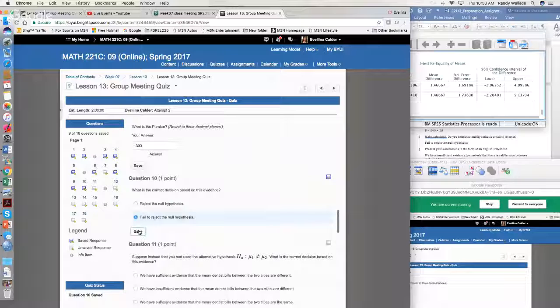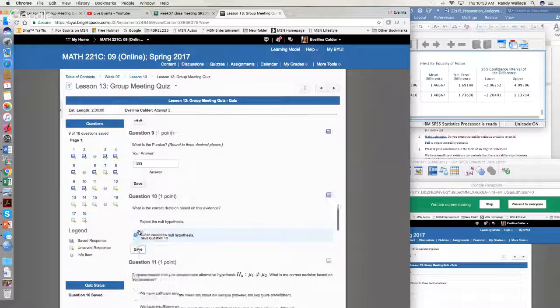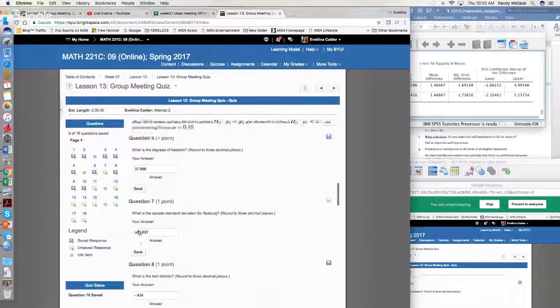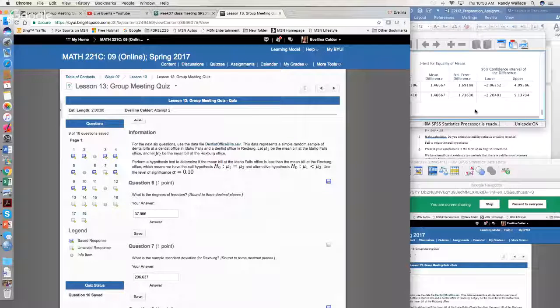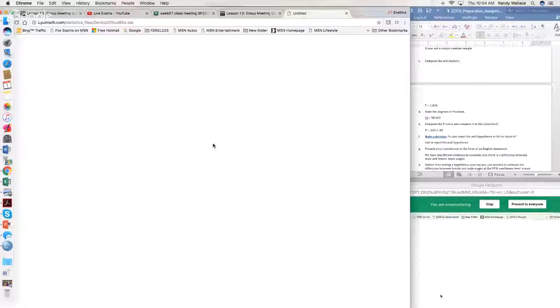So if the p-value is 0.33, I think we have insufficient evidence that the mean dentist bills between the two cities are the same.